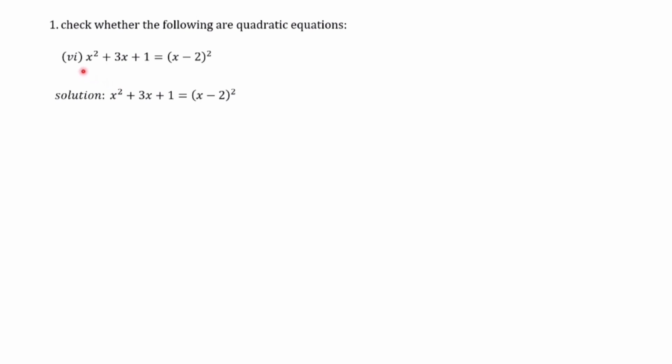Here is the question 6. This part here I've written as it is, and remember that this right hand side, using (a minus b) square will give me a square minus 2ab plus b square.